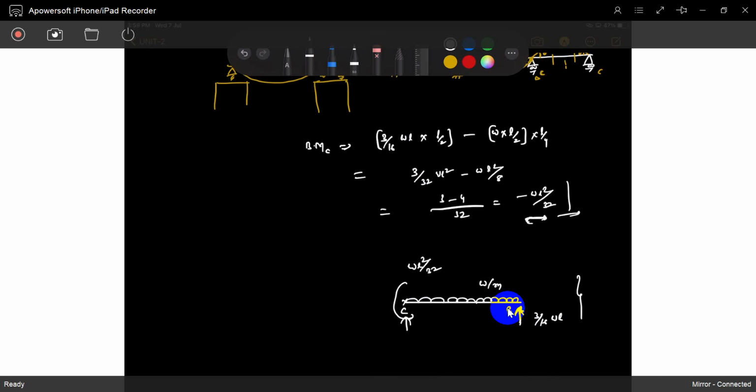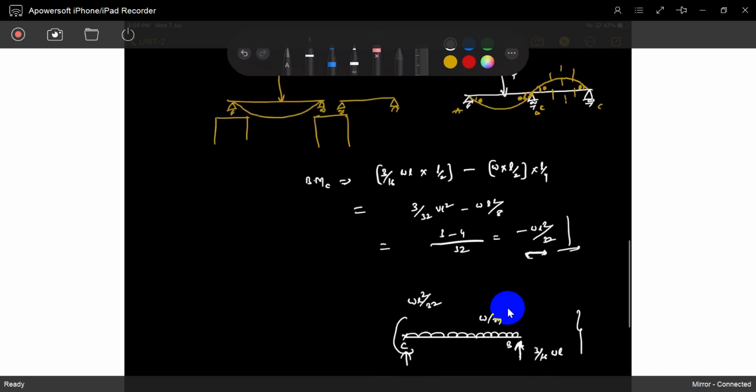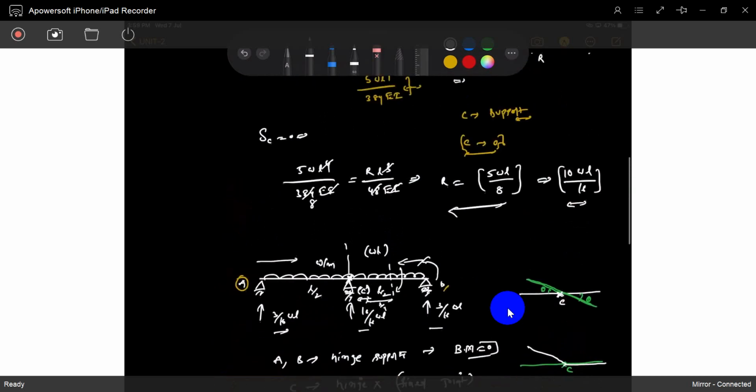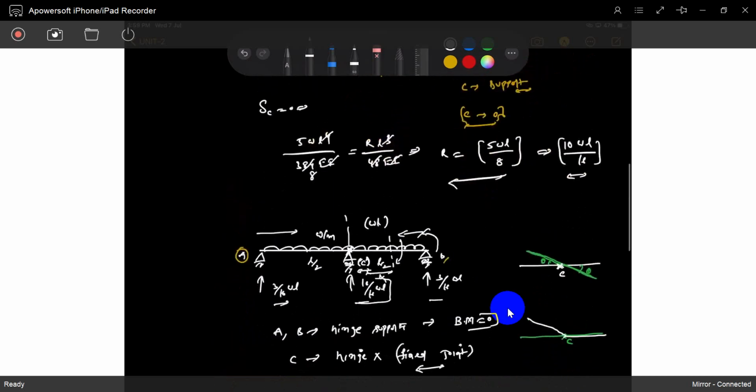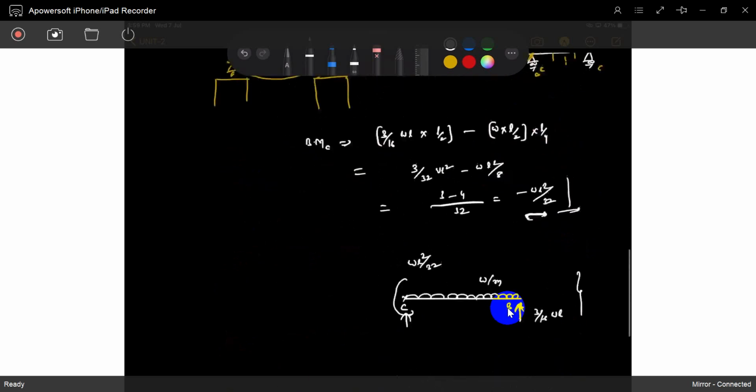What is the reaction at C? 10 by 16 WL is the reaction developed to maintain the whole body, because it is a junction. Some of the reaction is maintained by CB, some by CA. So this is a self equilibrium.